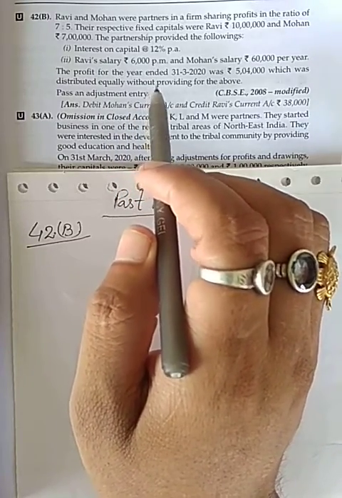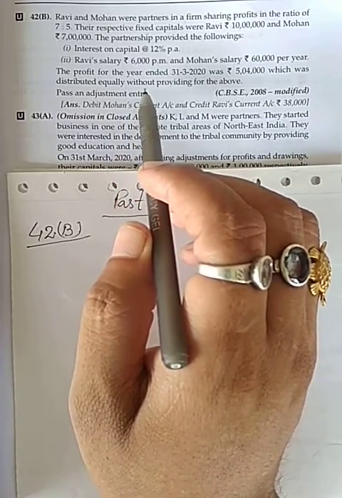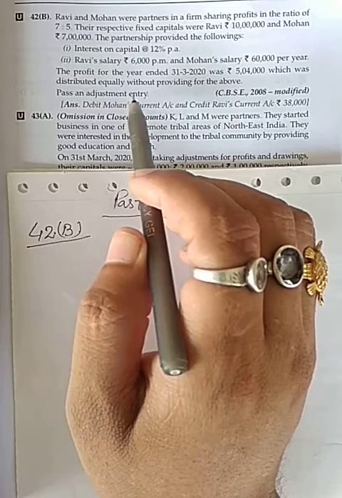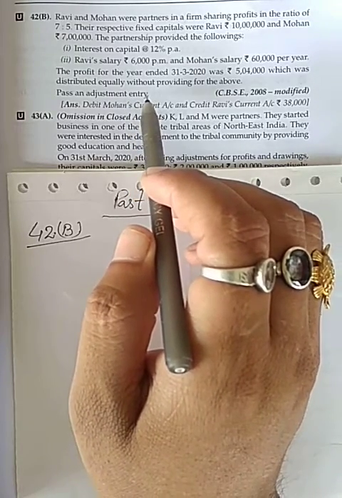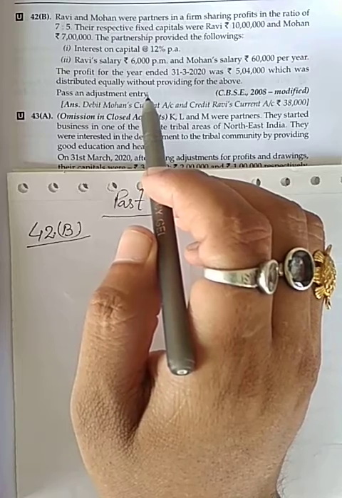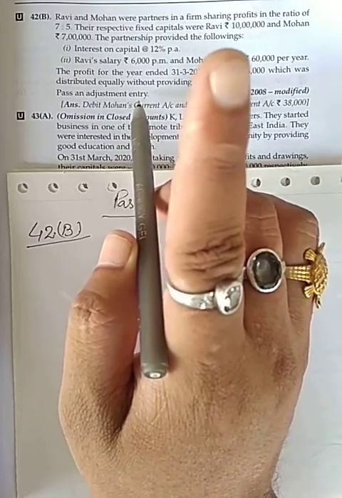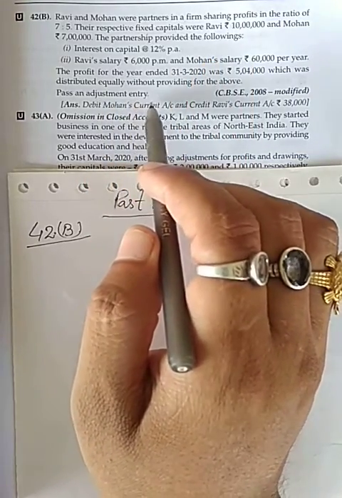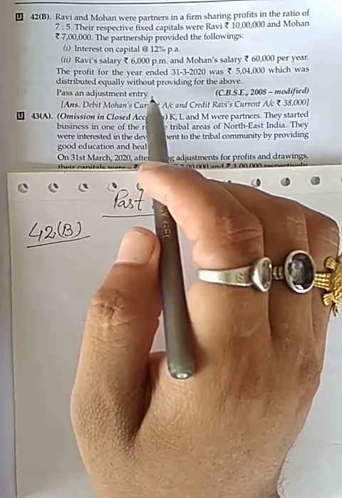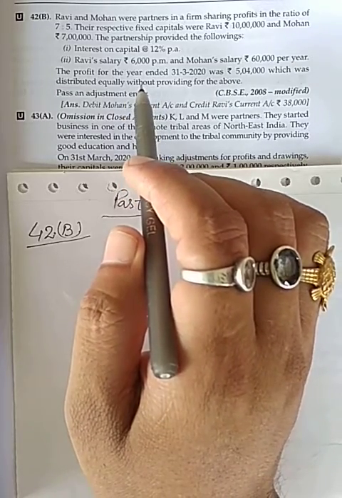Student, one thing here. When the question says pass journal entry, it means we have to pass a single journal entry. But the question says entries. Entries means more than one entry.